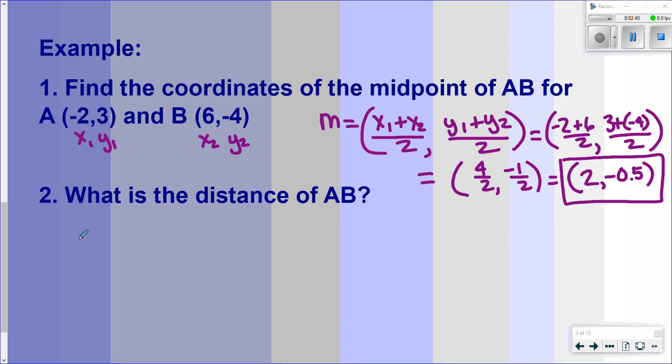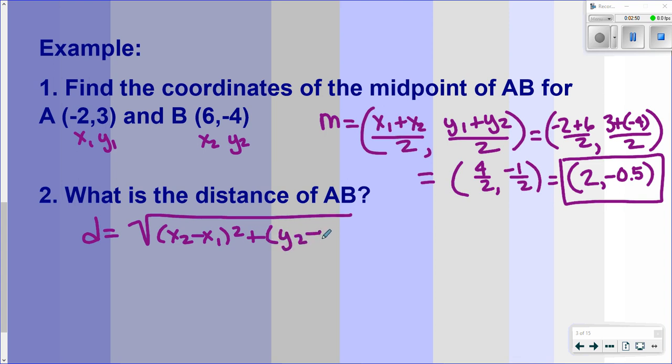Now, the distance of AB. You already have everything labeled. You know the distance formula, I'm going to write it there. So we got x2 minus x1 squared plus y2 minus y1 squared. Plug in everything in the right spot. You already have everything labeled, so just pay attention to where you put everything.